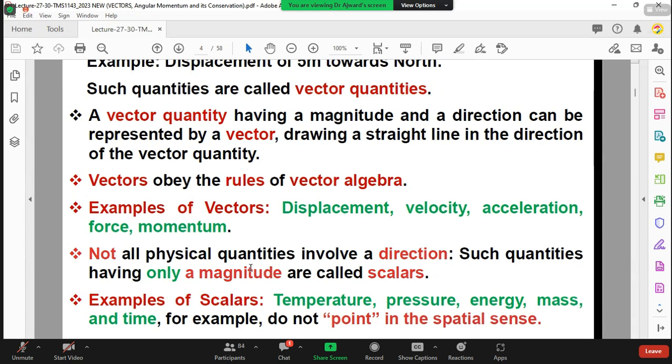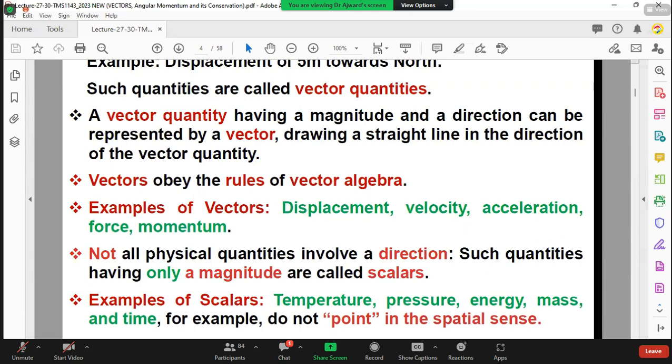Those quantities that only have a magnitude are called scalars. So you have to clearly understand the difference between vectors and scalars. Some examples of scalars are temperature, pressure, mass, time, also energy. All are scalar quantities.